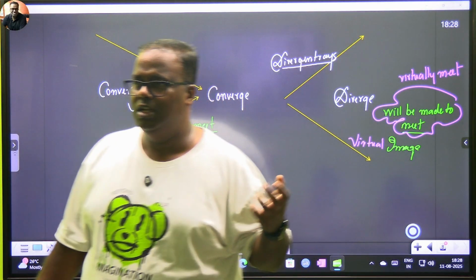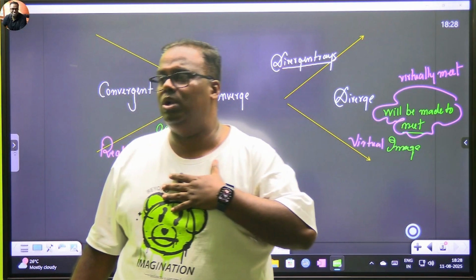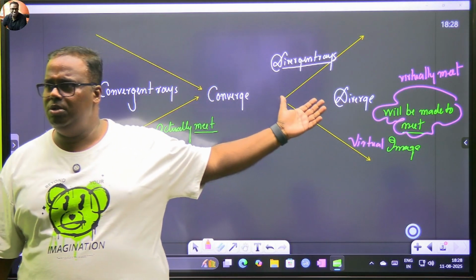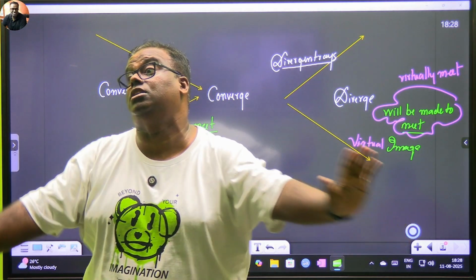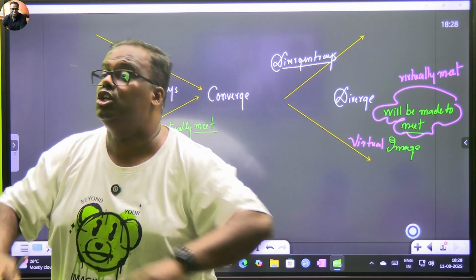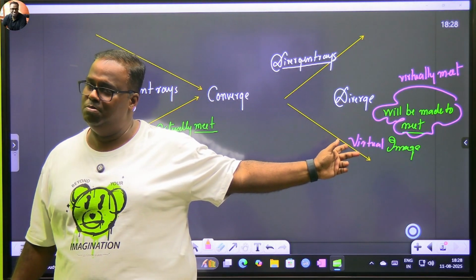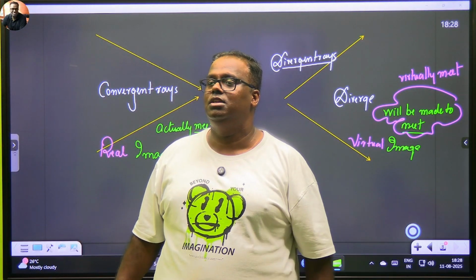Can I feel it? Love. Can I feel it? Touch and feel? No. These are all virtual, abstract. So when they virtually meet, actually तो meet नहीं करते हैं, आभासीय है, हमें ऐसा लगता है कि वो meet कर रहे हैं, क्योंकि we will make some manipulation and make them meet. In such a case, the image that you will get is known as a virtual image.